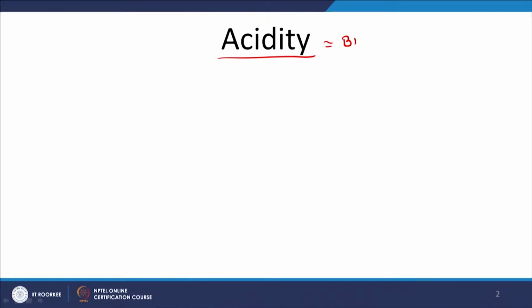So acidity, we say, is equal to or similar to the base neutralizing capacity. I believe in the last class we also talked about that unlike alkalinity, we have three kinds of acidity that people look at. One is mineral acidity.